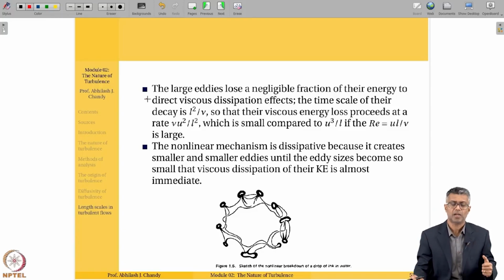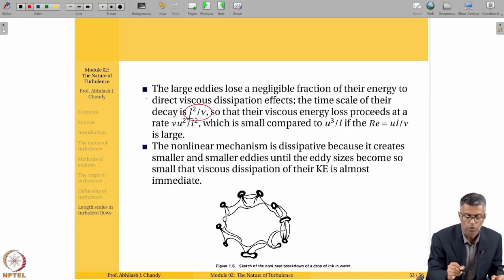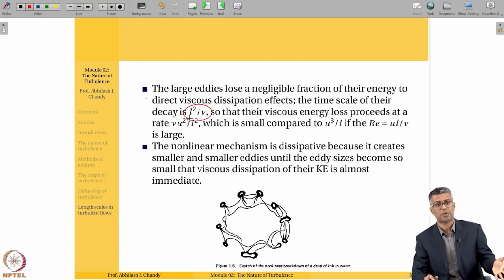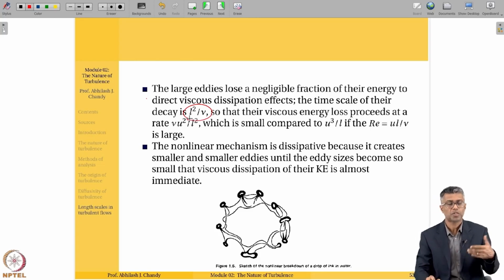And that time scale, you can say, is of the order of L squared over nu, because it depends on viscosity, isn't it? Viscous dissipation would depend on viscosity. I'm not talking about the loss due to inertial behavior. I'm talking about the loss due to viscous dissipation at the large scales.